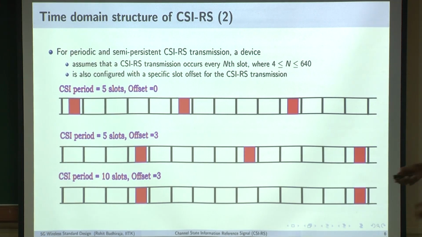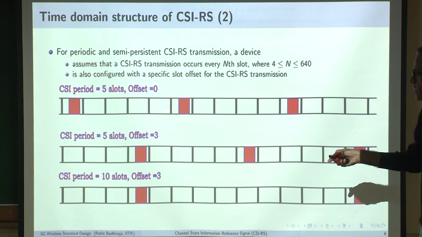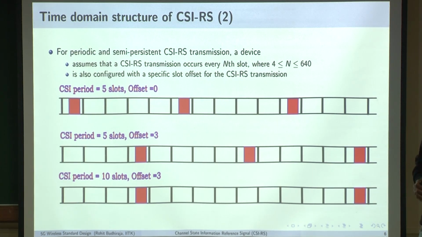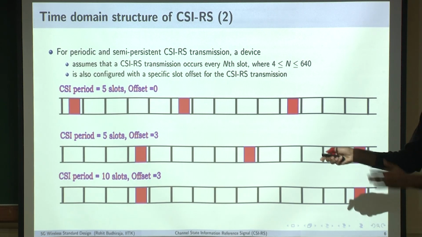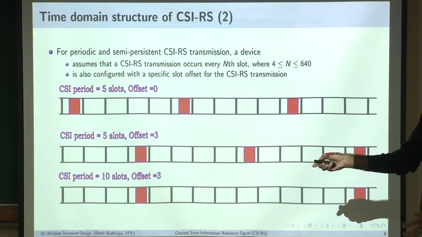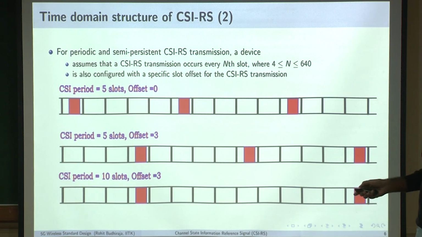So how is it configured? What is this picture showing? Here the CSI period is 5 slots, so CSI-RS is coming every 5th slot. This is n. And what do we mean by offset? Here the slot offset is 0, you are sending it in the same slot, and the period is 5.